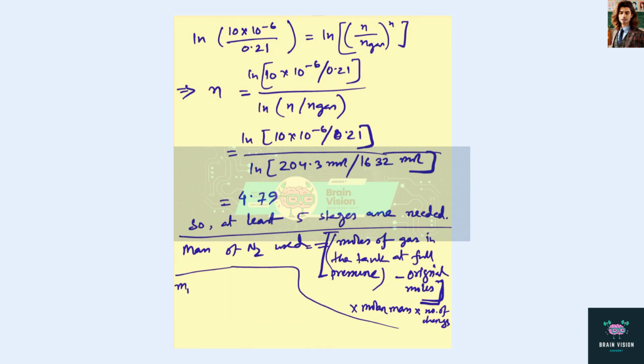Therefore, the mass of nitrogen equal to number of moles of gas minus number of moles of air multiplied by molar mass multiplied by the number of cycles. Let's insert all these values.